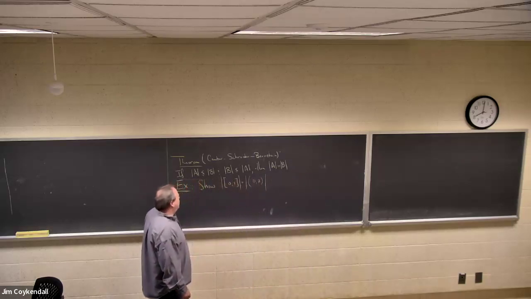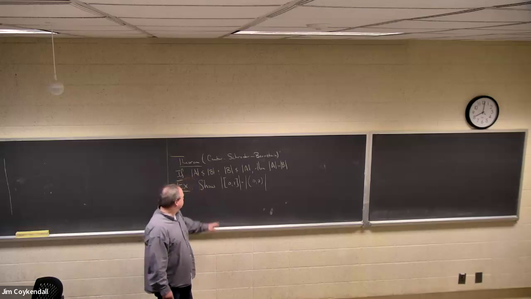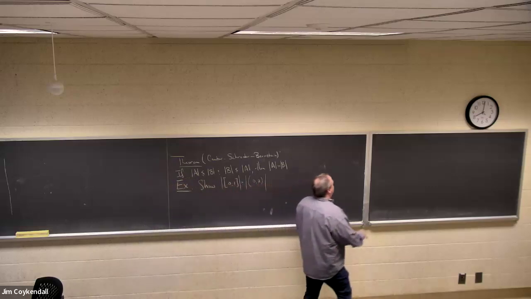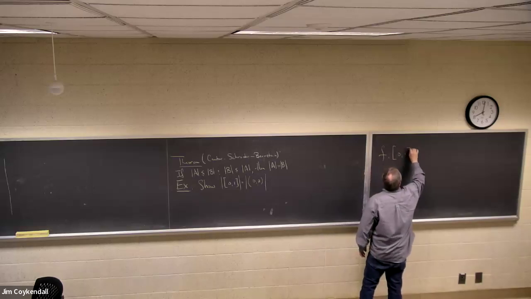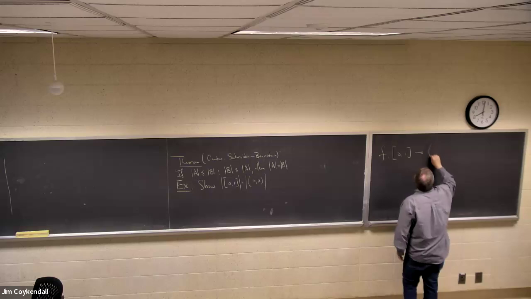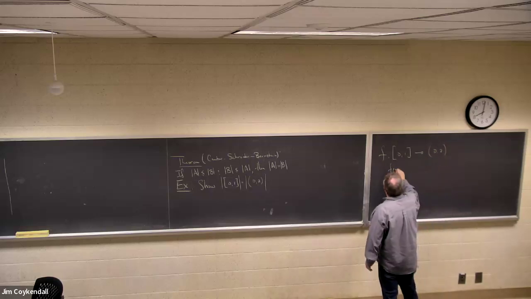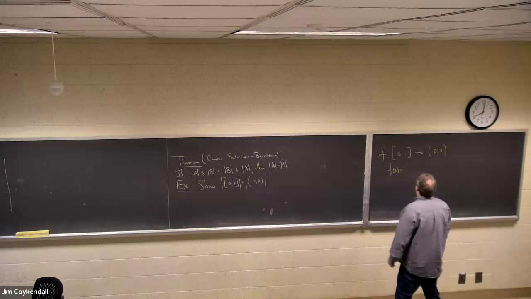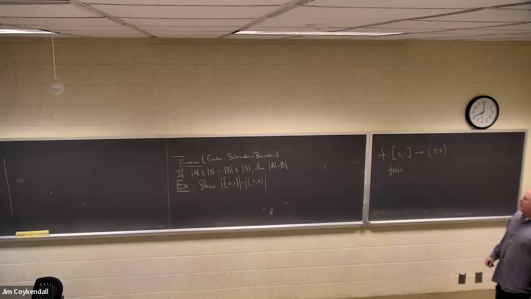Can anybody give me a one-to-one map from the closed interval from 0 to 1 into the open interval from 0 to 2? Yeah, how can I take the closed interval [0, 1] and put it inside (0, 2)?